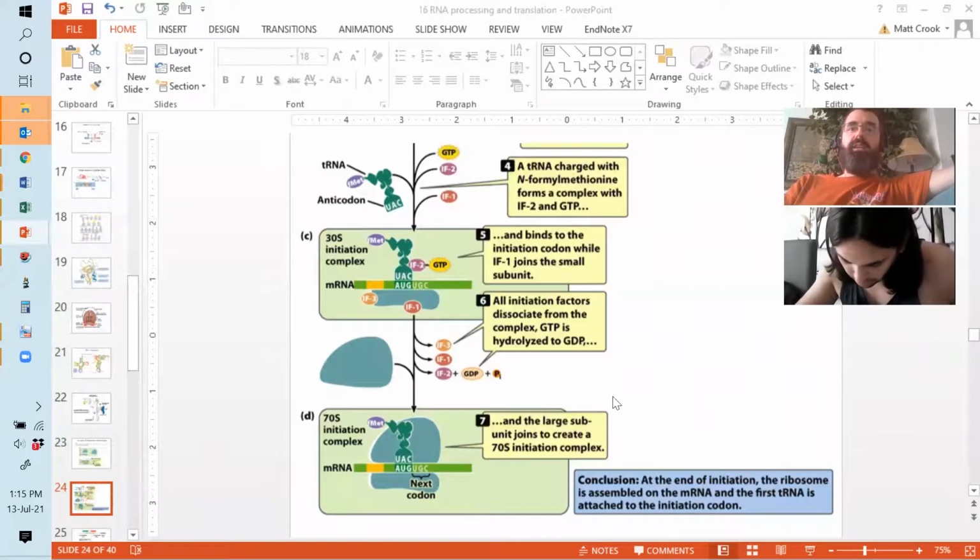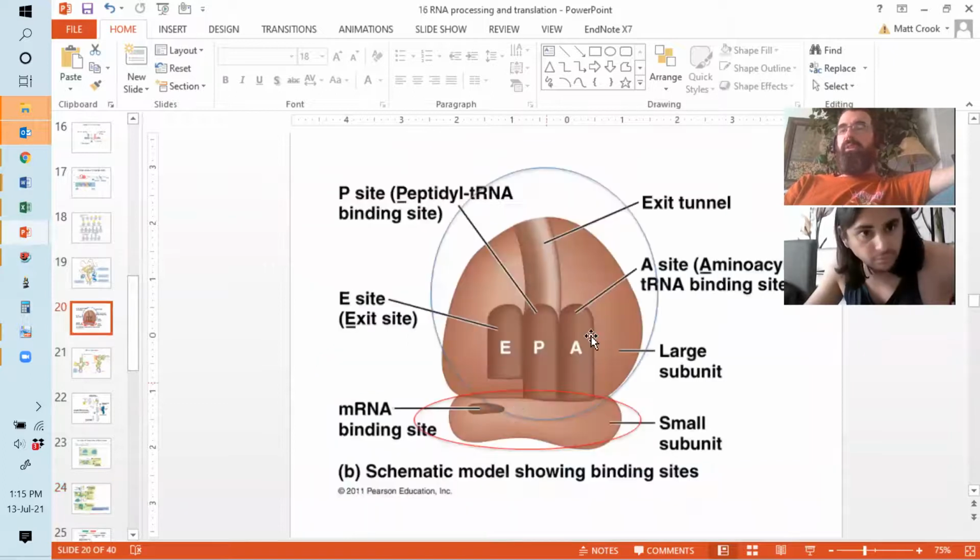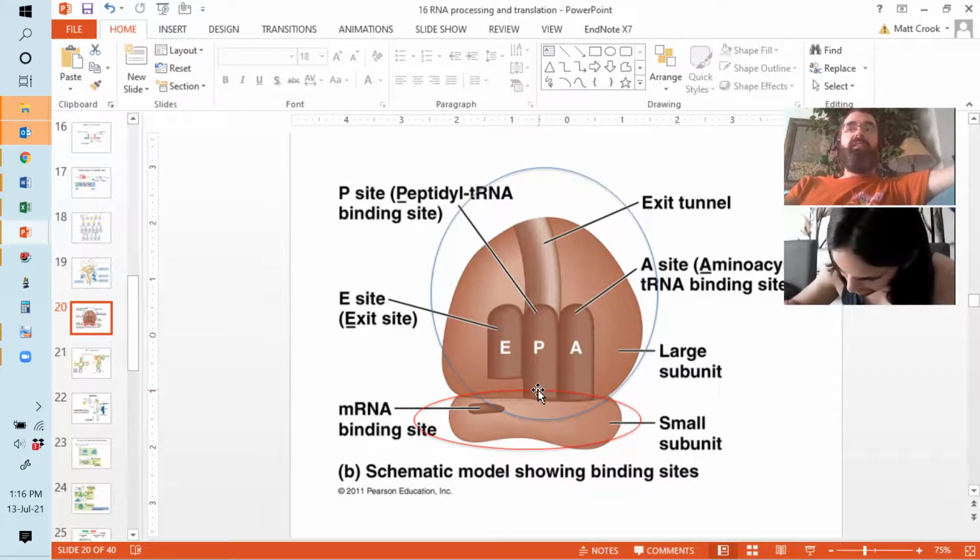And the key point is, when the large subunit assembles, the tRNA for methionine is in the middle site. So essentially it's already ready to go once all of that gets assembled.